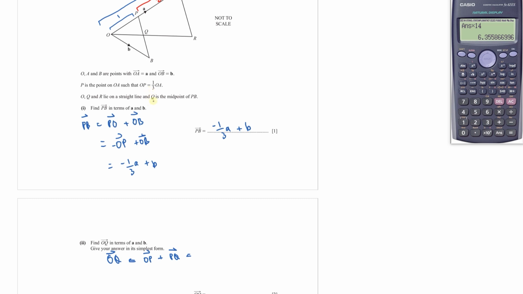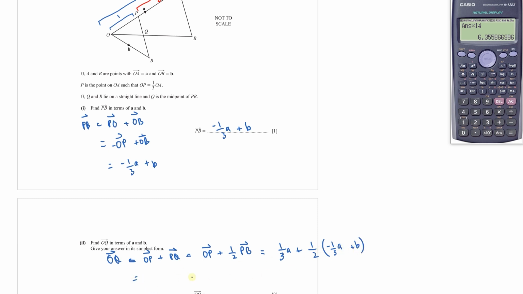We're given that Q is the midpoint. So this will be OP plus half of PB. So OP is this vector here, which is 1 by 3 times this vector a. So OP is 1 by 3 a plus half times PB, which is this vector, minus 1 by 3 a plus b.